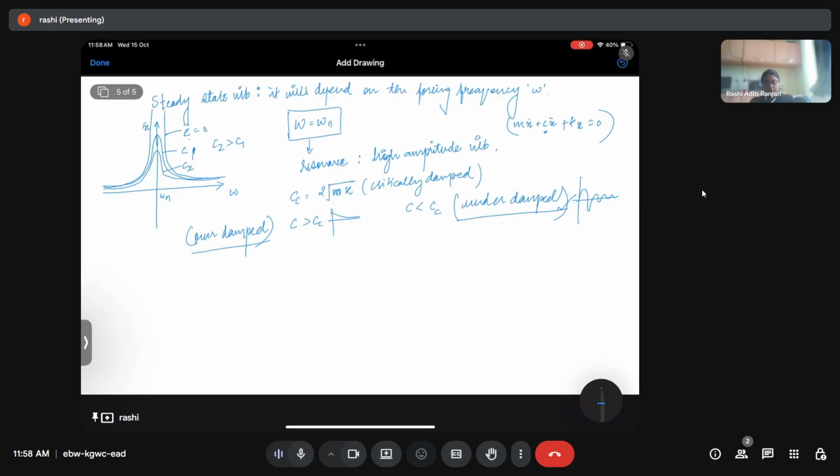Okay, now coming on to what are the types of damping that can be there in the system, right? We did a lot of work on what kind of damping could be present in the system. Anyways, let me just write one more thing. This was the equation, do you remember?